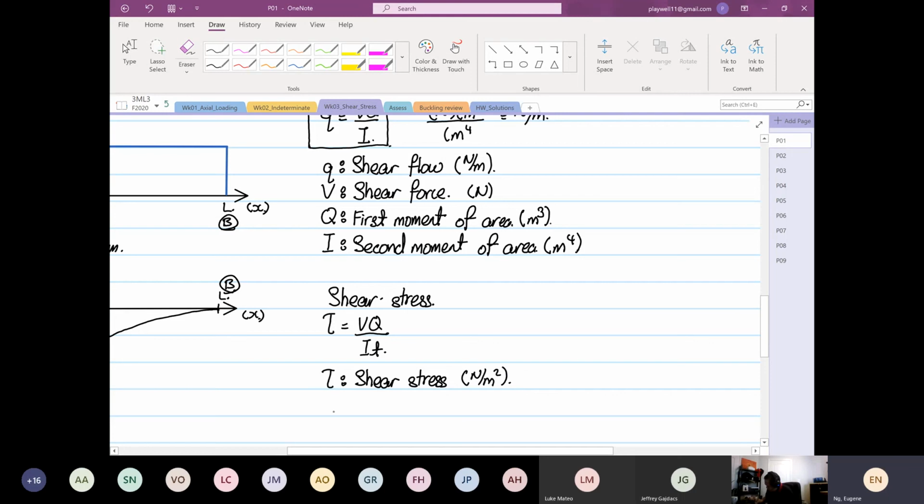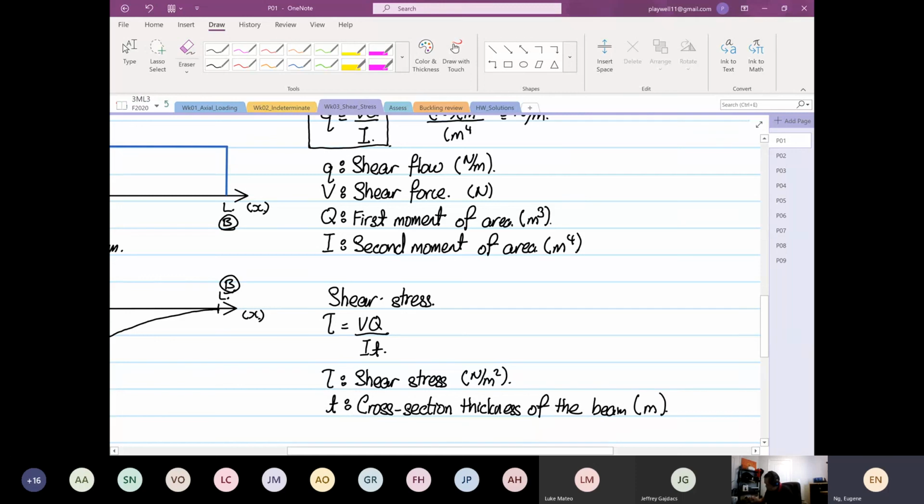And then t is the cross-sectional thickness of the beam, and this will be in meter.